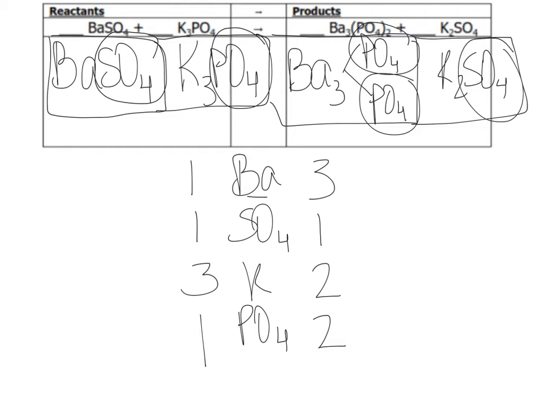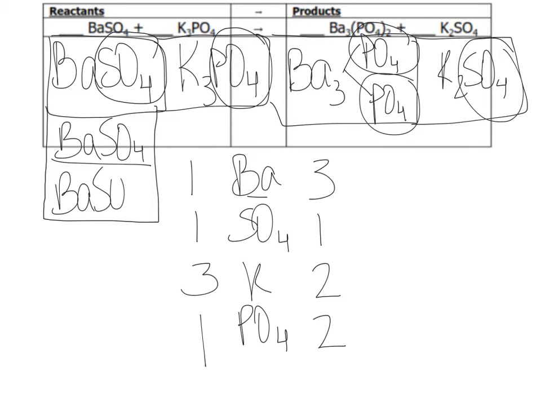We'll start with BA. And I can see that I'm going to need 2 more of those. And I'll update my inventory. I have 3 BAs and 3 SO4s.